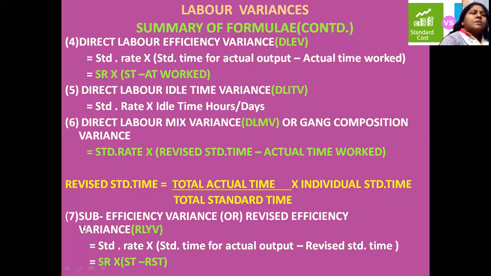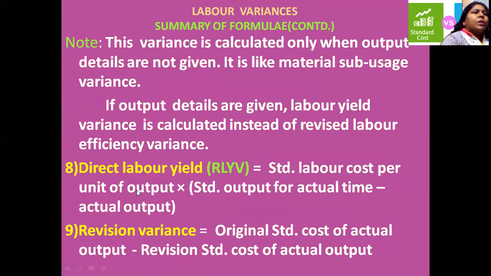The next formula is sub-efficiency variance or revised efficiency variance. How do we calculate the sub-efficiency variance? Standard rate into standard time for actual output minus revised standard time. So the standard time for actual output we need to know, or else we need to work out, and then the revised standard time. I want to highlight a very important note.